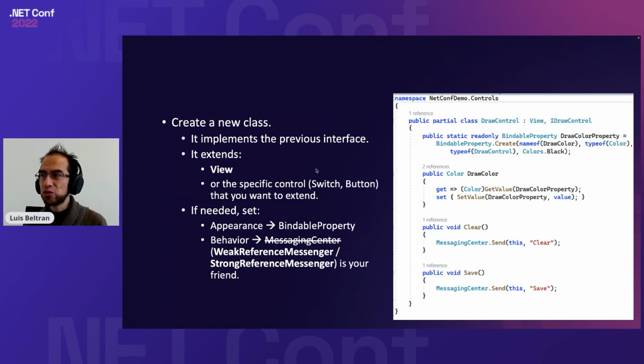So you can use WeakReferenceMessenger or StrongReferenceMessenger in the Community Toolkit MVVM, right? So yes, later I can update this project with the recommended approach. But for this case, let's stick with Messaging Center. And as you can see, we send clear and save messages, all right?